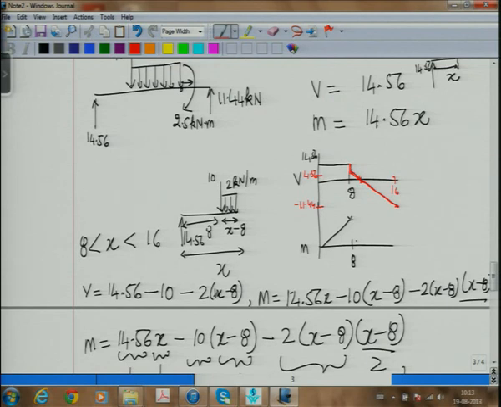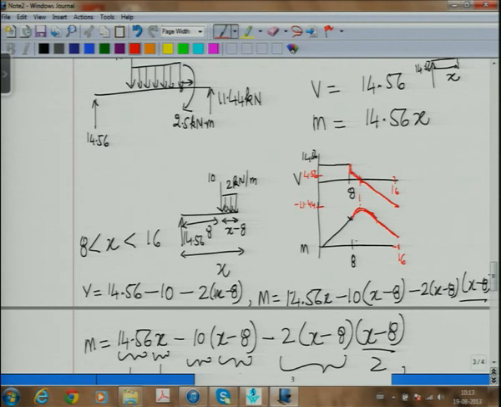So the bending moment diagram is a quadratic curve, it goes to a maximum at this point and then decreases till 16. This is just a shape; till x equal to 16 the value is still positive. You can work out the value, I have not worked it out, but it takes a shape like this.